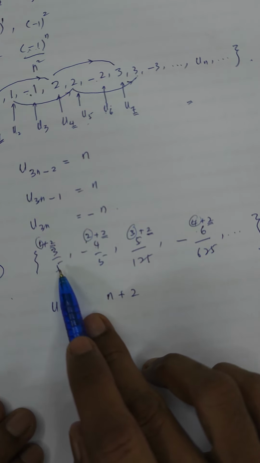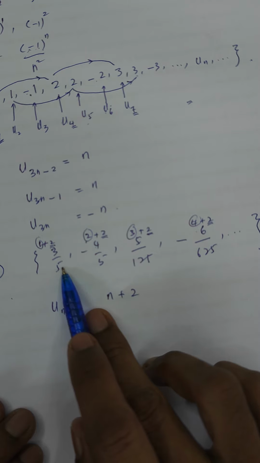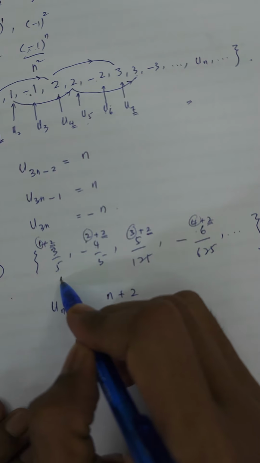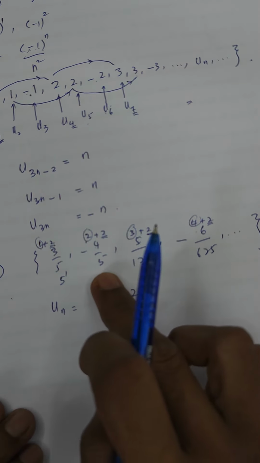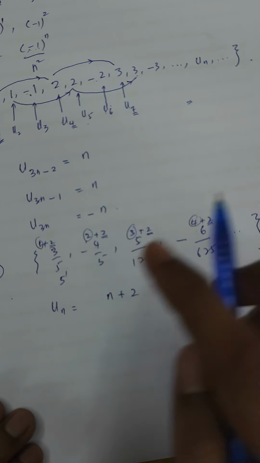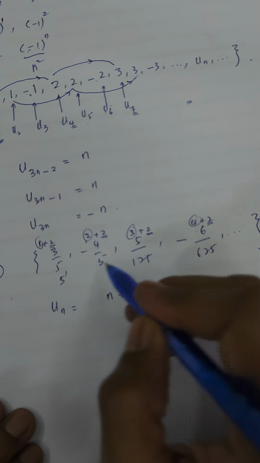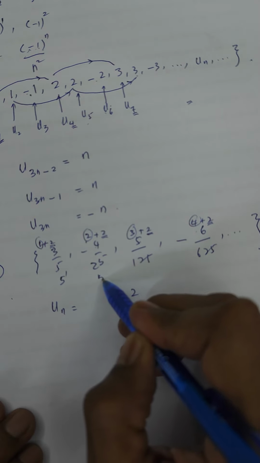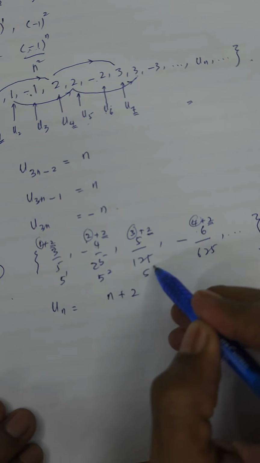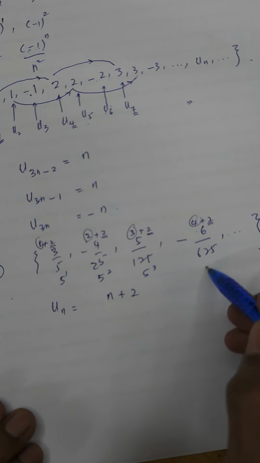When n equals 1, basically this is 5 to power 1. This should be 25. Yes, this should be 25. So we have 5 power 2, this is 5 power 3, and so on.